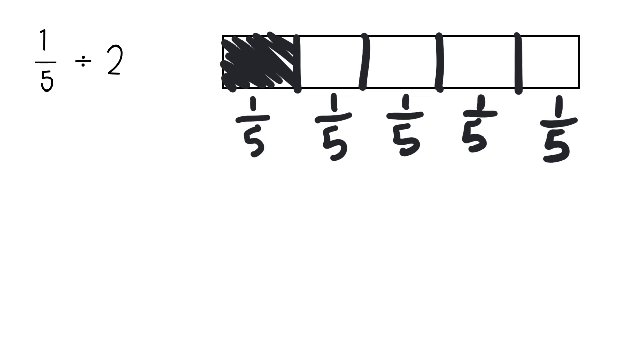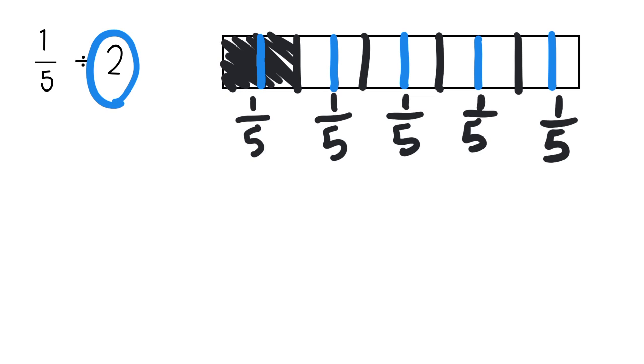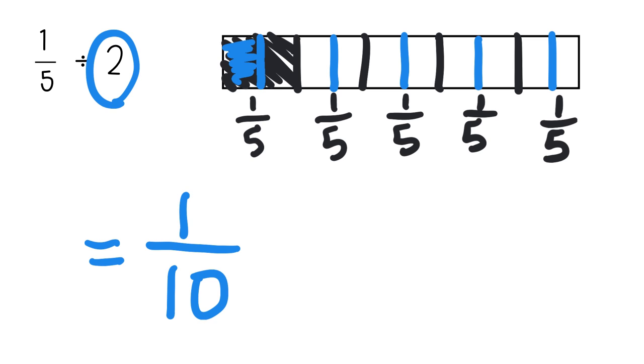I need to split each of my 1/5s into 2. So what's my fraction of my whole that I have left? I end up with 10 equal pieces, and when I'm looking at one of those, it's a 1/10. 1/5 divided by 2 equals 1/10.